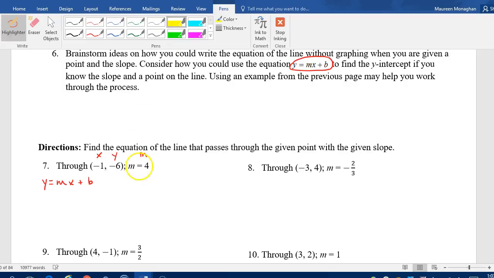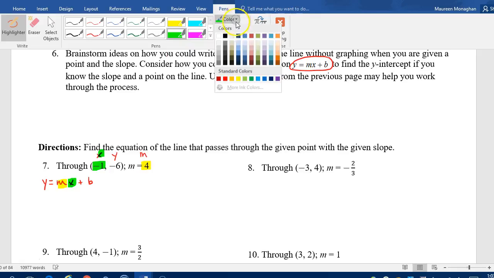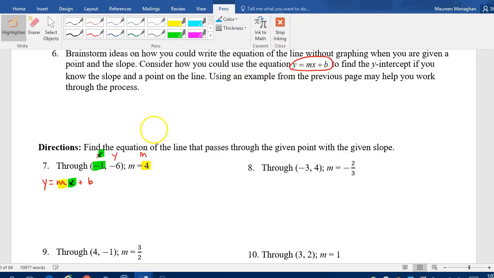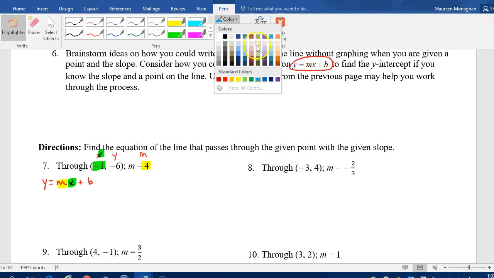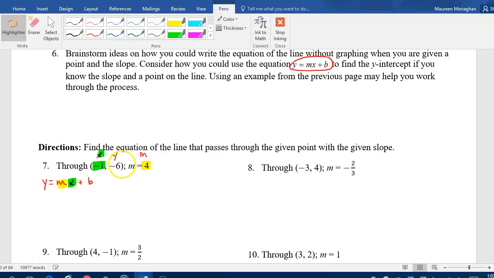Let's say x is green and y is gray. And we're going to substitute the x, the y, and the m.